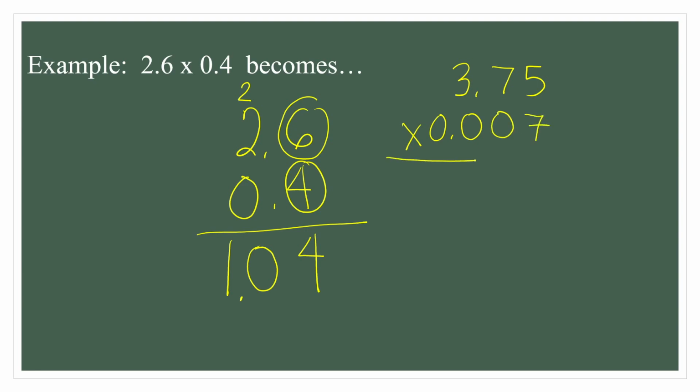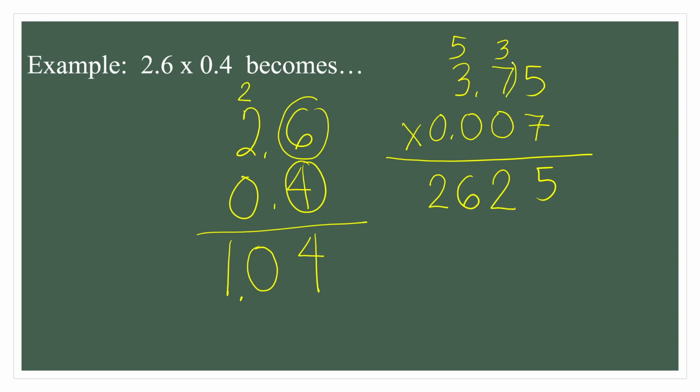Let's multiply. 7 times 5, 35. 7 times 7, 49, plus 3, 52. 7 times 3, 21, plus 5, 26. Okay. How many decimal numbers are in the given?